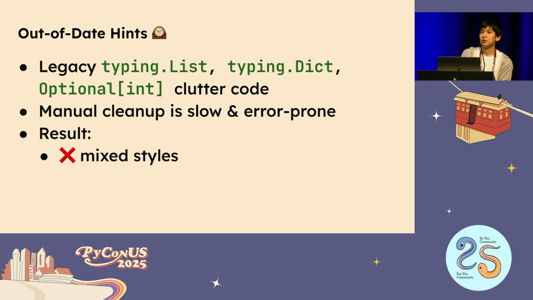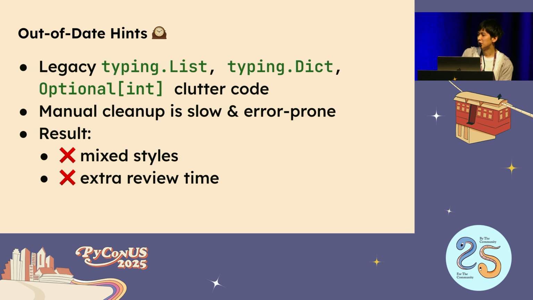For example, we have many existing functions, but in a new function I want to use new things like the union operator. The new function uses the union operator, but the old one still uses the Optional type. So extra review time, and reviewers are confused.